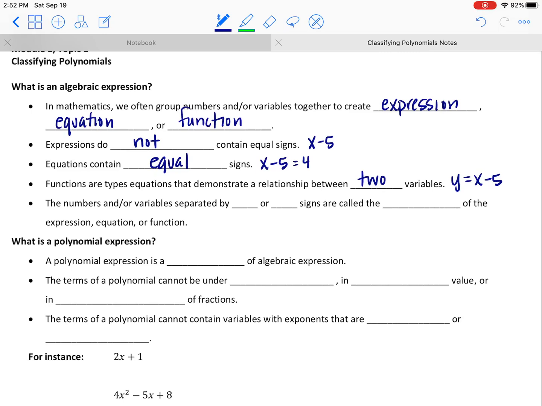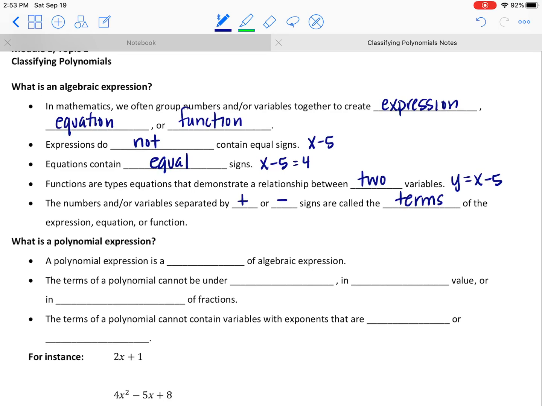And the x, the minus 5, the 4, the y, these different parts of our expression or equation or function, we call these the terms. So the numbers and/or variables that we separate by plus or minus signs are called the terms of our expression or equation or function.